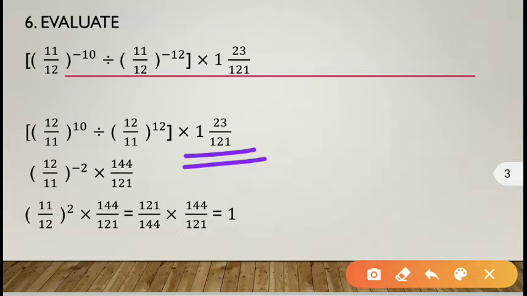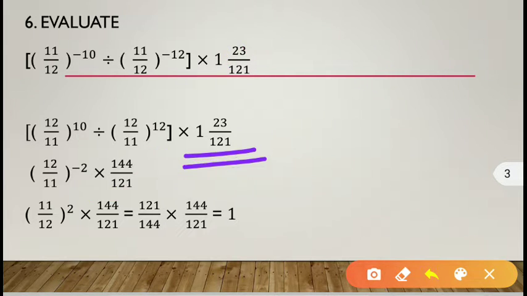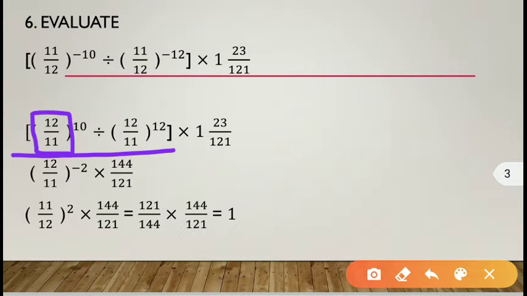This is a mixed fraction. So when you convert this to a simple fraction, you will get this. You will multiply 1 into 121 and then plus 23. Now, in the bracket, this is the base. The bases are the same. If the bases are the same and there is a divide sign, their powers will be subtracted.